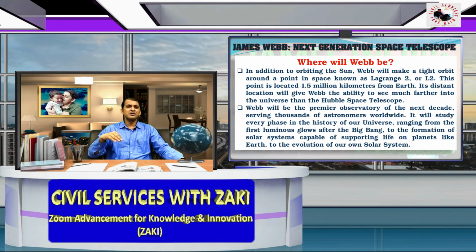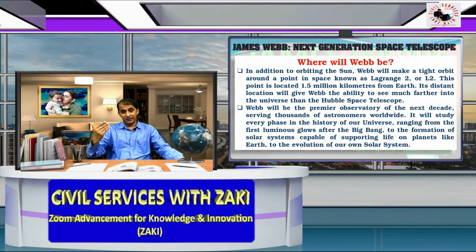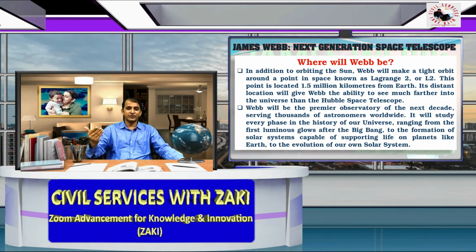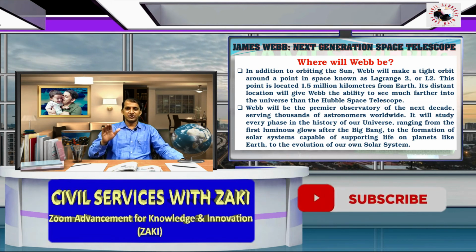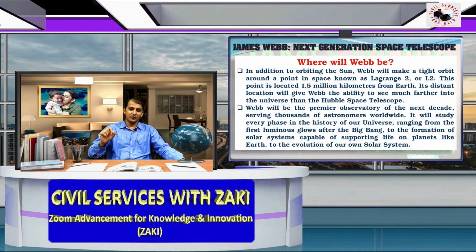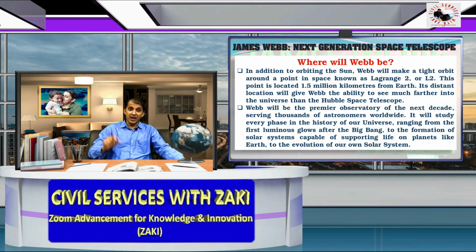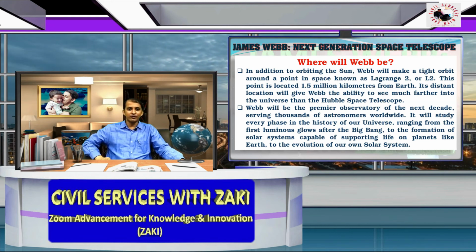That's why this is a marvelous scientific piece of today's technology. That's all about the James Webb Next Generation Telescope. That's why it is called the Next Generation Telescope. It can fundamentally change our understanding of the universe.